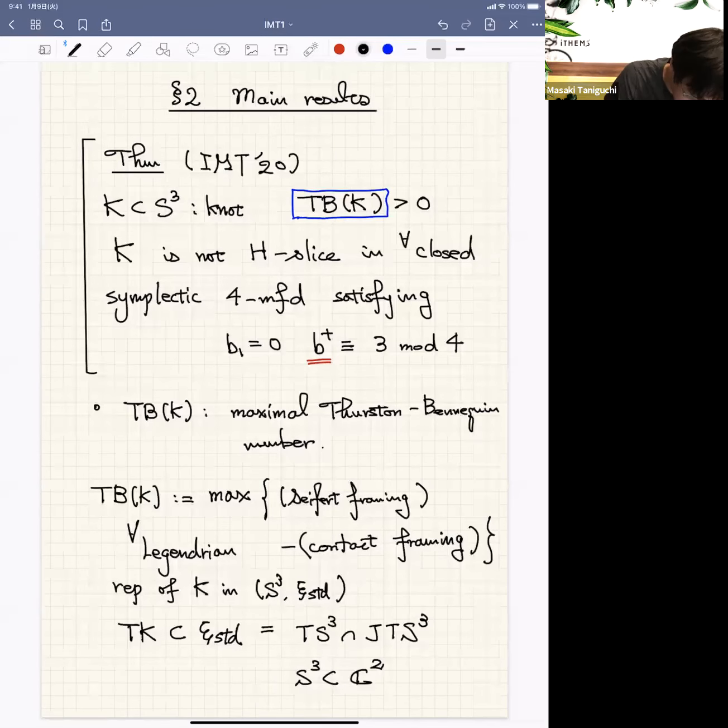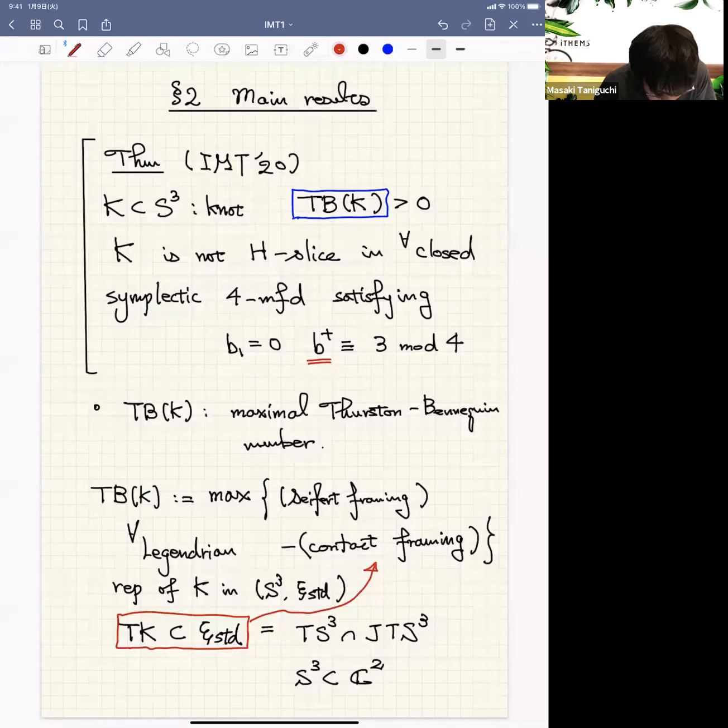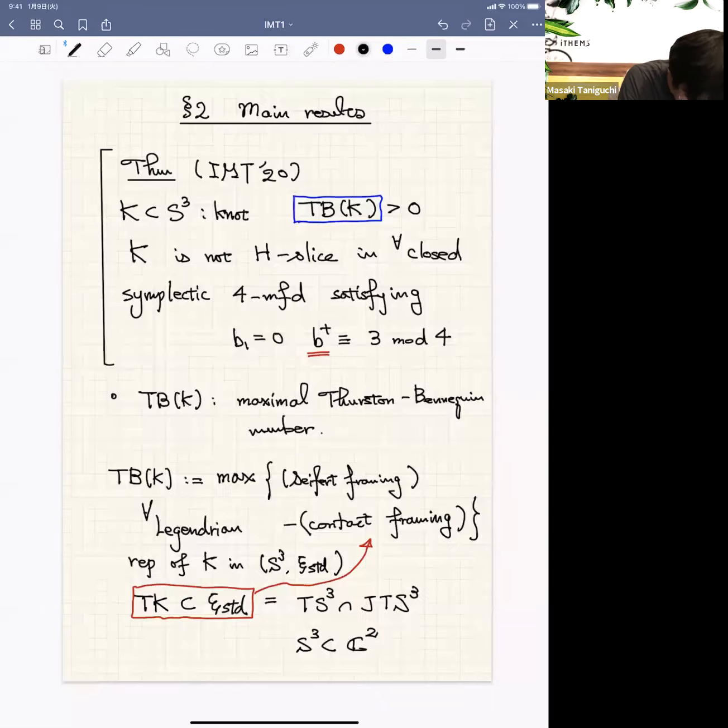The contact framing is the framing coming from this inclusion. We take the difference between the Seifert framing and the contact framing, and we take the maximum. This gives an isotopy invariant of K.